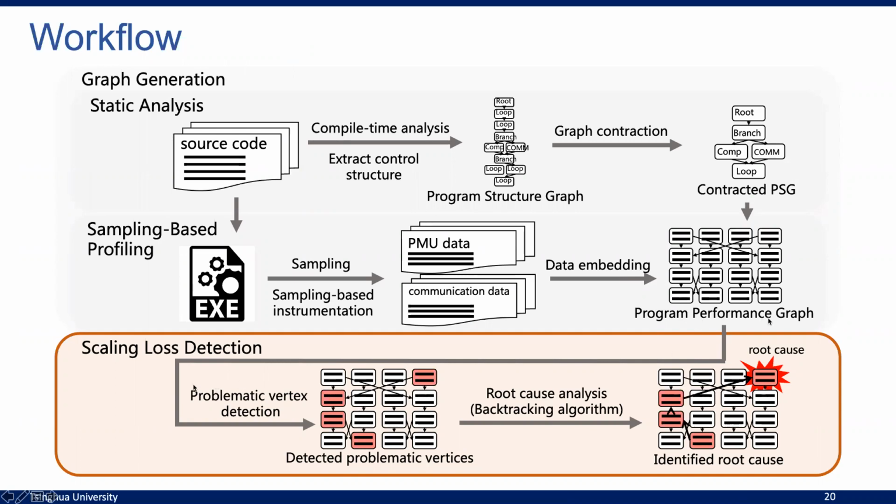In the last module, we detect scaling loss based on this graph. We first detect and mark some problematic vertices in the PPG, and then identify the root causes by a backtracking algorithm.